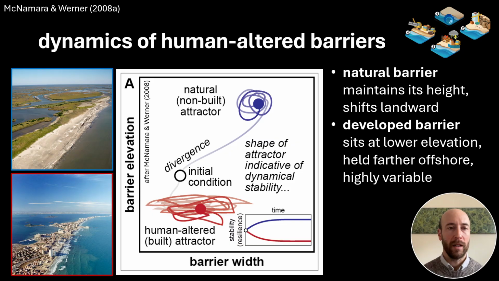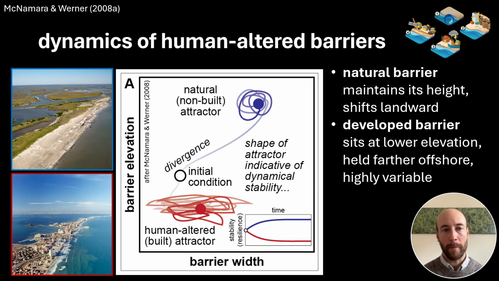So if you give the model the same initial condition, but imagine it has no built environment on it, there are no people on that island, that will evolve in their model to an attractor described by a higher elevation and a wider cross-shore width. Based on the environmental forcing that they give it, that's its preferred mode, and it describes a fairly tight little attractor in that space.